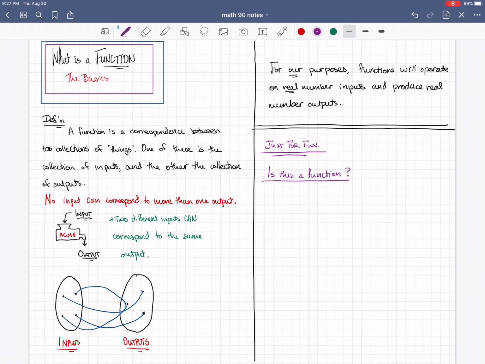Each student at CCSF maps or corresponds to the class in the math department they're taking this semester.